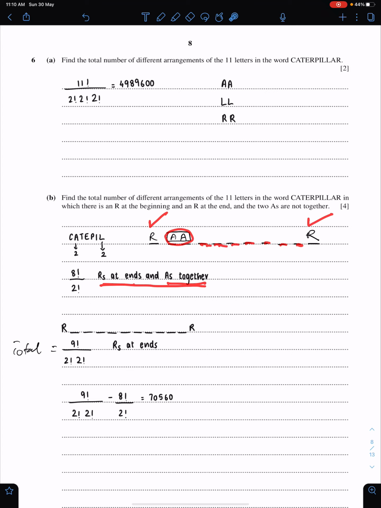So these 7 and this one object will make 8 objects: one, second, third, fourth, fifth, sixth, 7, 8. So 8 factorial divided by 2 factorial for the 2 L's. Remember, this 2 factorial is for the 2 L's.